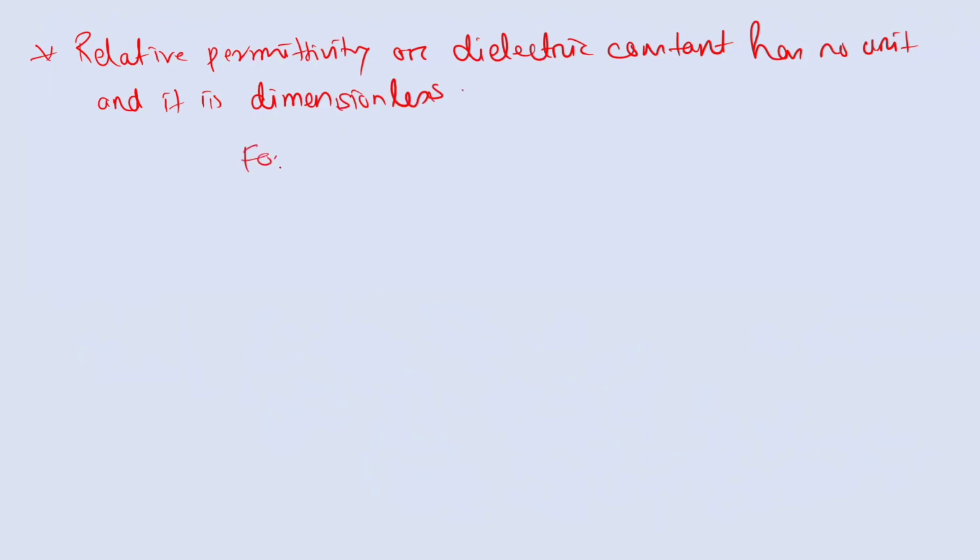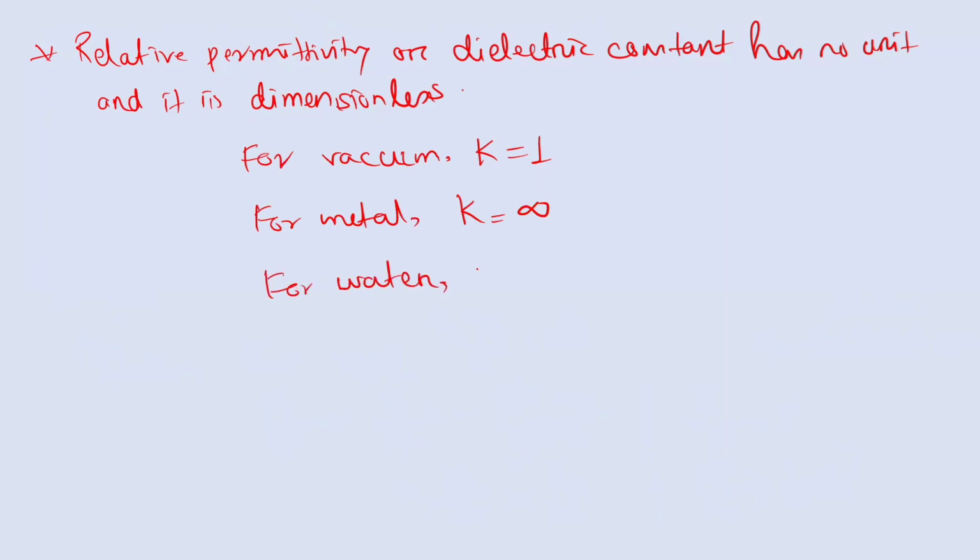For your general information, I'm mentioning a few values of the dielectric constant for some media. For vacuum, the dielectric constant K is equal to 1. For metal, the dielectric constant is infinity. And for water, the dielectric constant is equal to 80.